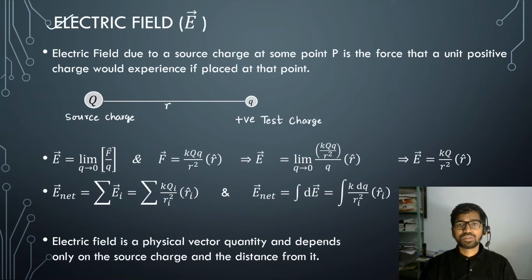Electric field. Electric field due to a source charge capital Q at some point P is the force that a unit positive charge small q would experience if placed at that point. What do I mean by this?